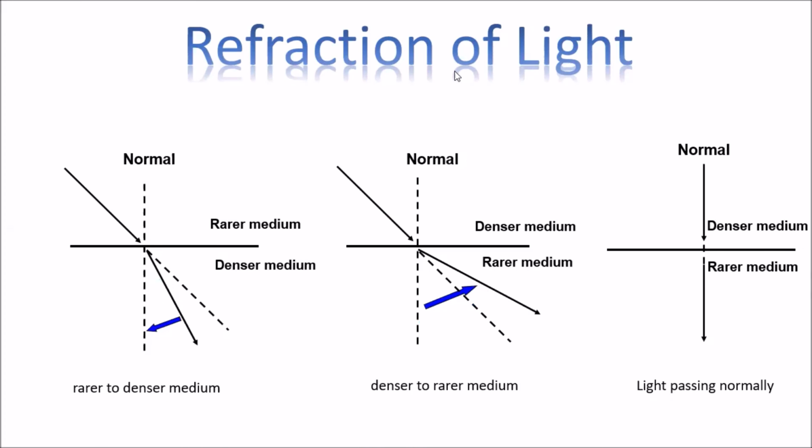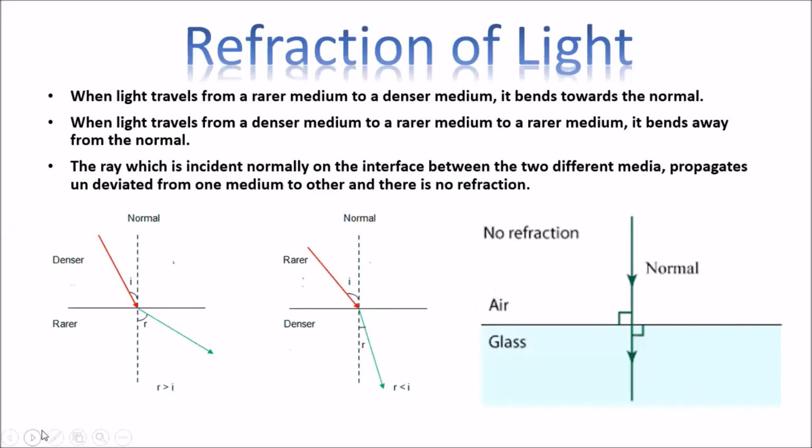The summary of the three cases is shown on the next slide. When light goes from rarer medium to denser medium, it bends towards the normal. When it travels from denser medium to rarer medium, it bends away from the normal.